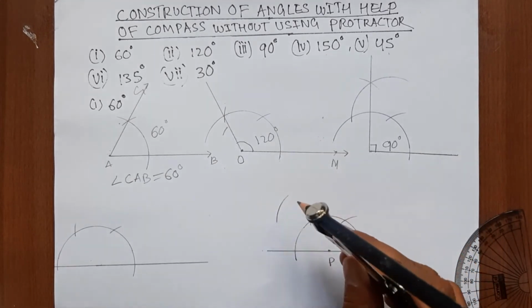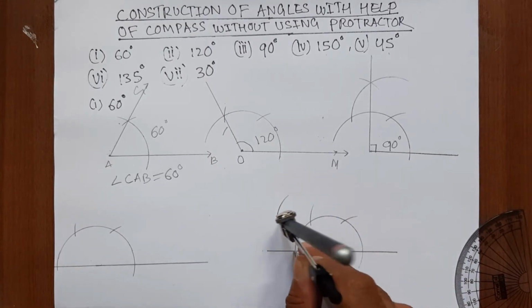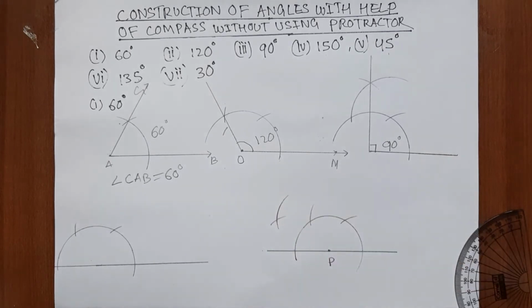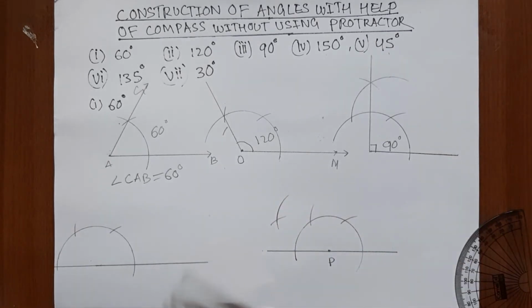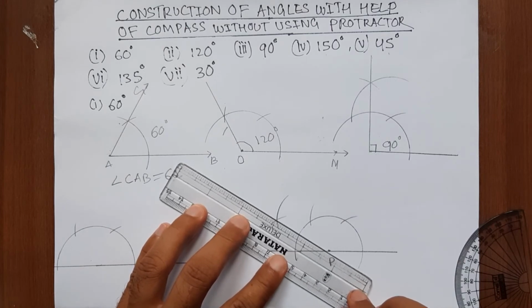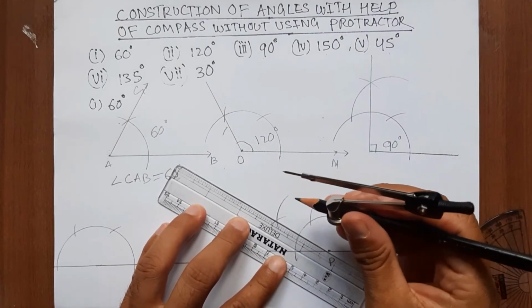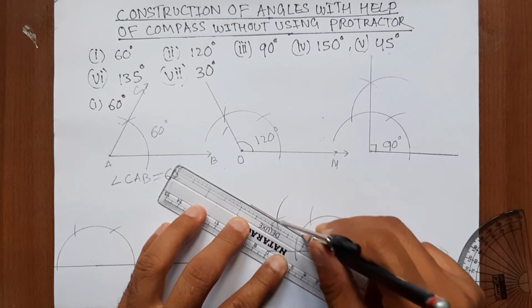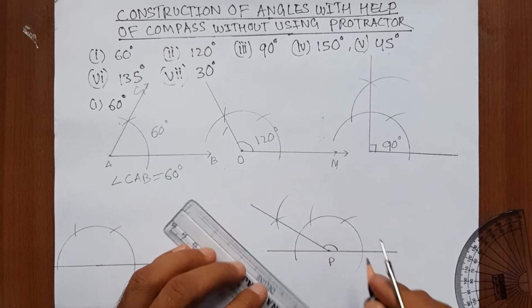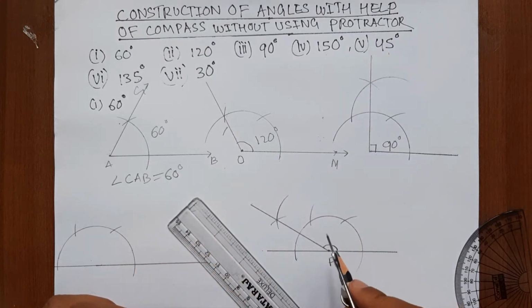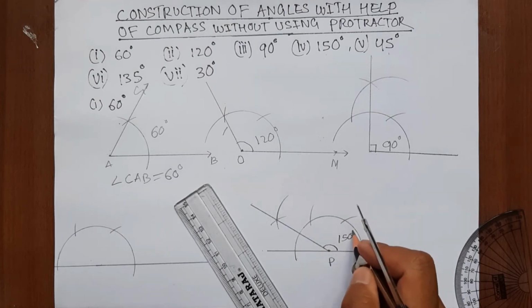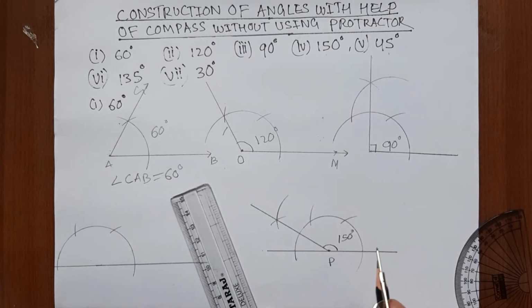Again put the compass here, and from here also draw another arc. Now join these points. So the measure of this angle is 150 degrees.